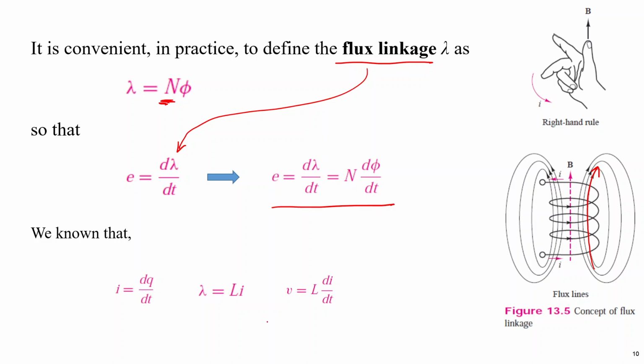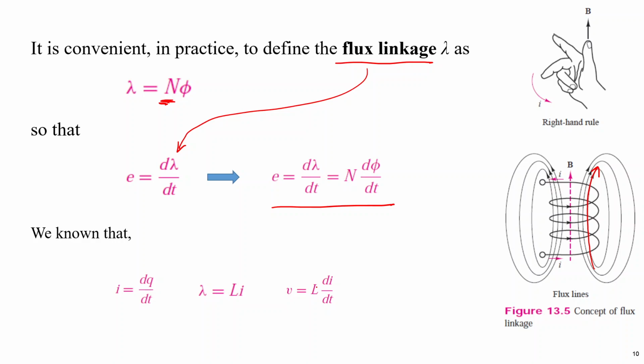And what do we have here? Current is the change of charge over time. The charge flow, current, is dq/dt. And lambda is L times I, the total flux linkage.